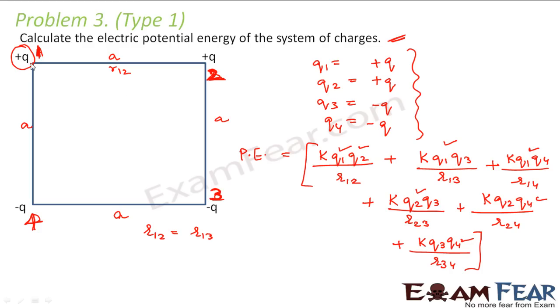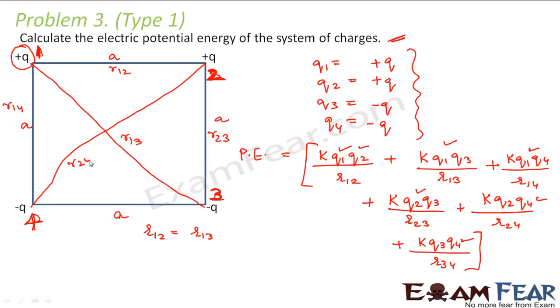When I say R13, this is R13. When I say R14, this is R14. R23: this is 2, so this is R23. R24: this is 2, this is 4, so this is R24. And this is R34.